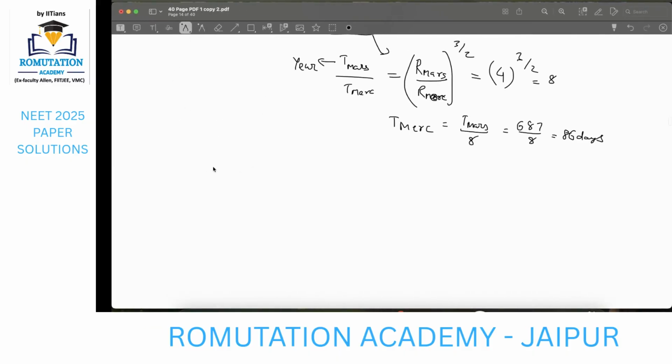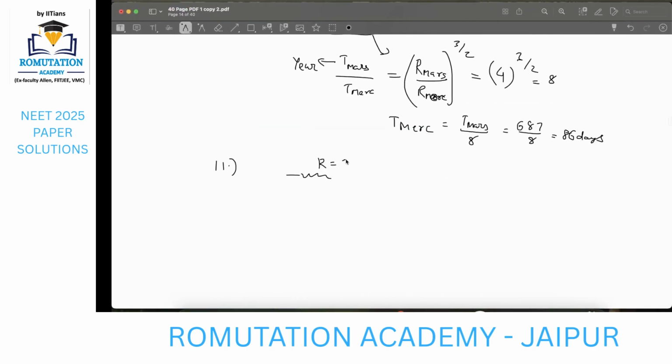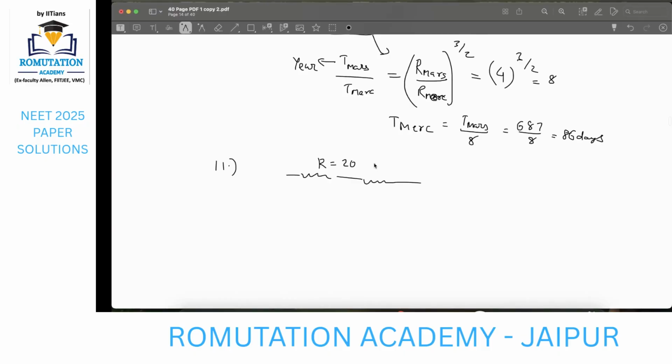Okay, so let me just take you to the 11th one. Resistance is 20, then for capacitor it is 25, and then for inductor it is given as 45, right?